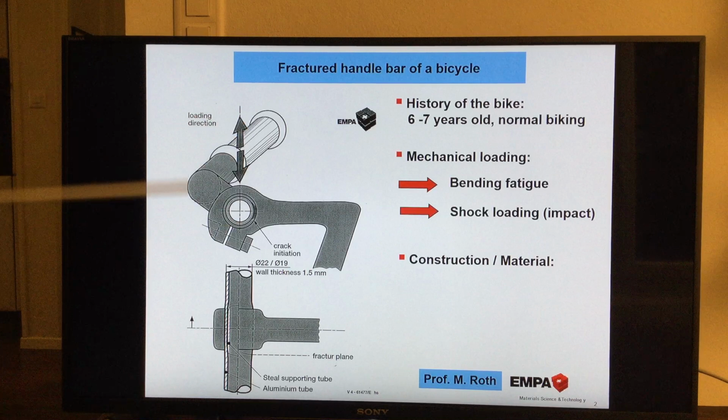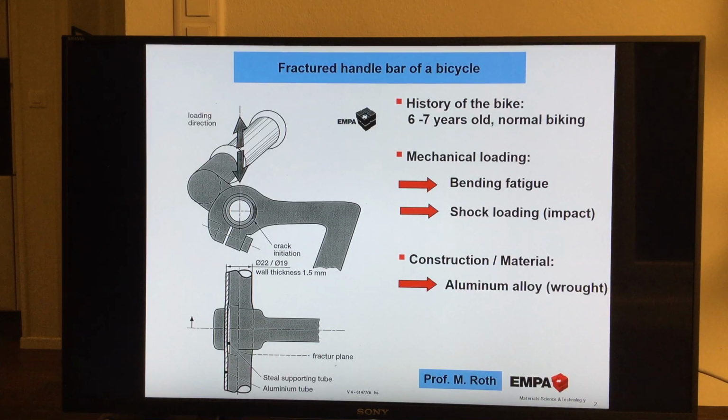Now here you see the construction and the materials used, and the construction is a bit special because we have here the handlebar itself.